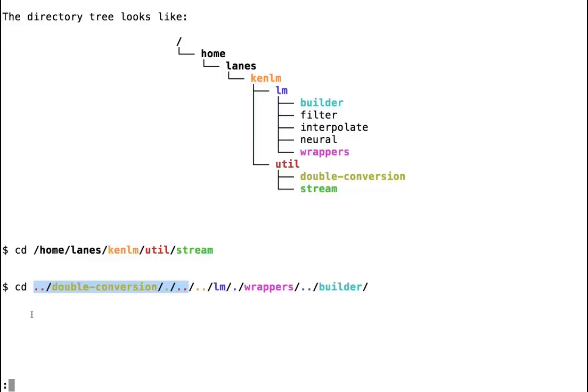The parent of util is knlm. So, ../double conversion/./../.. refers to /home/lanes/knlm, which we see colored orange in the tree.